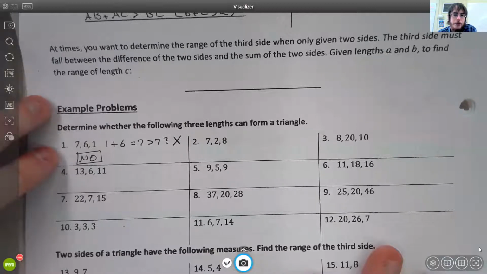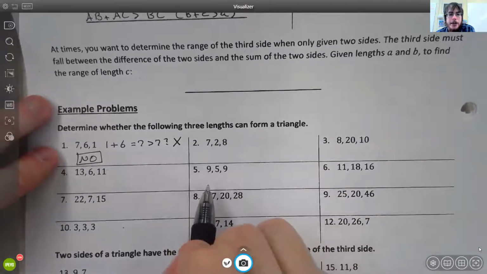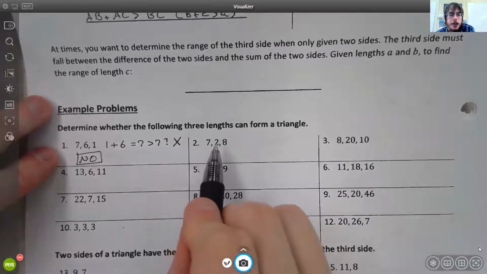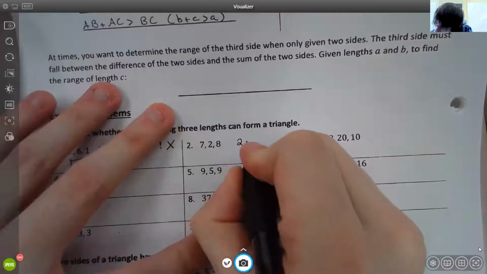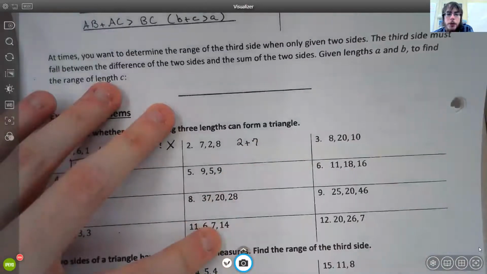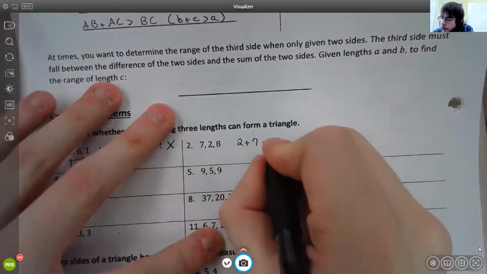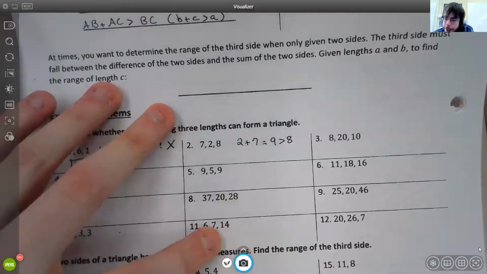Okay. All right, let's look at number 2, 7, 2, and 8. So we're going to take the two shortest sides. Our two shortest sides are 2 and 7. We're going to add those together, and we're going to compare them to the third side. So 2 plus 7 gives us 9. Is 9 greater than 8? Yes.